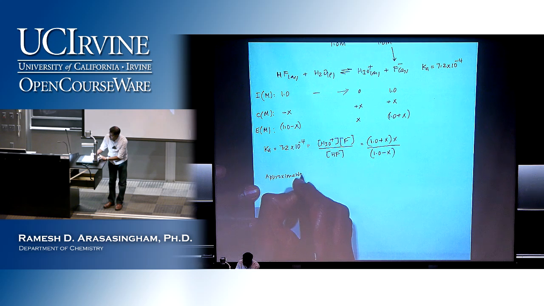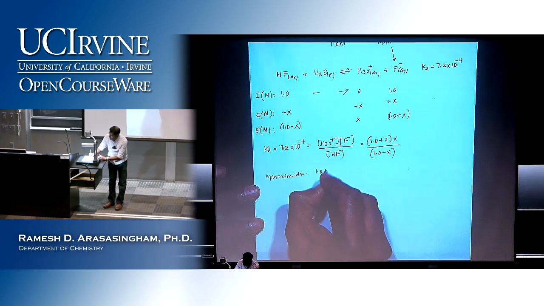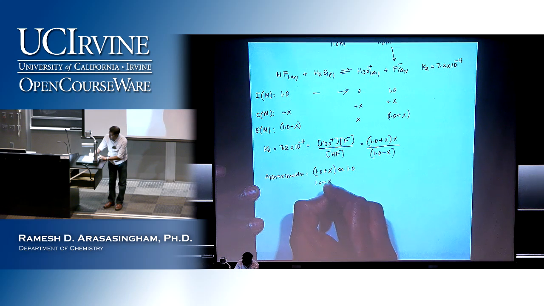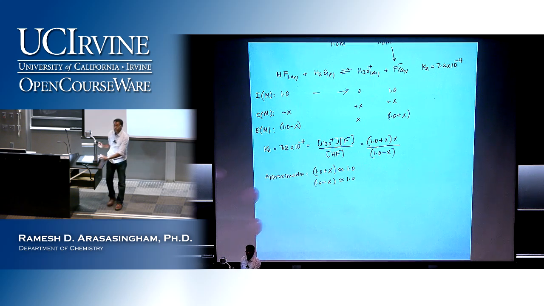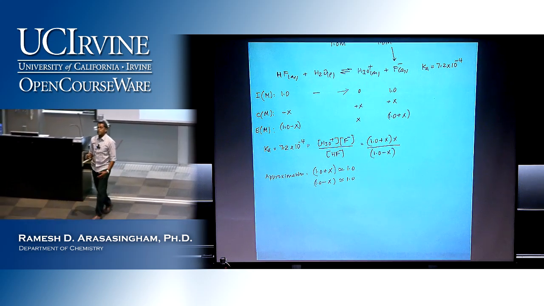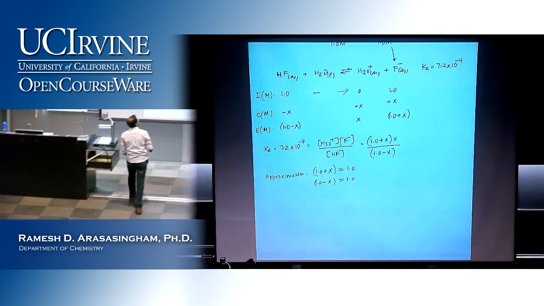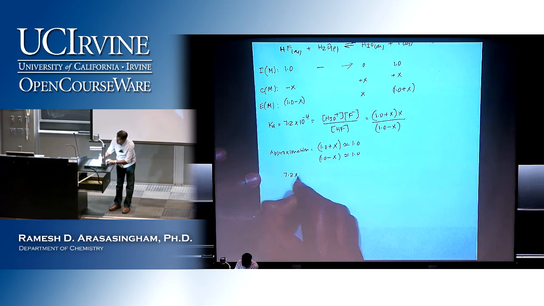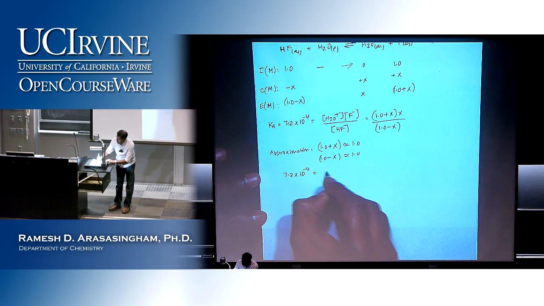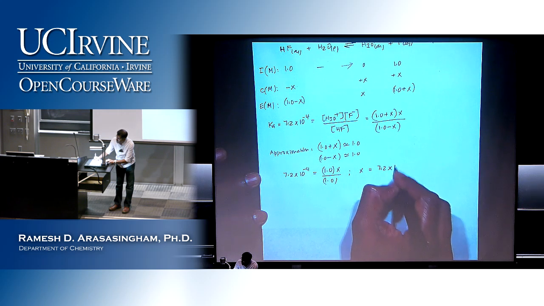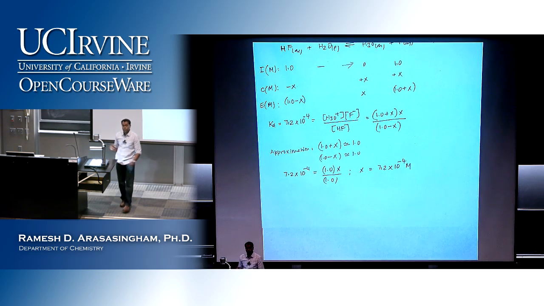So now I can say 1 plus x will approximate to 1, and 1 minus x will approximate to 1 as well. We're saying x is so small compared to 1 that we can actually neglect it. So now I can go back to my equation. I can say 7.2 times 10 to the negative 4 equals 1 times x divided by 1. And therefore, x is 7.2 times 10 to the negative 4 molar.